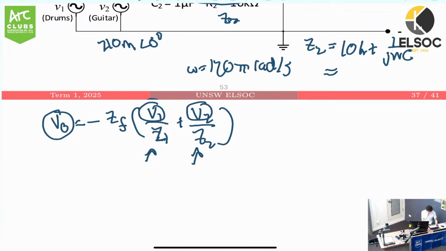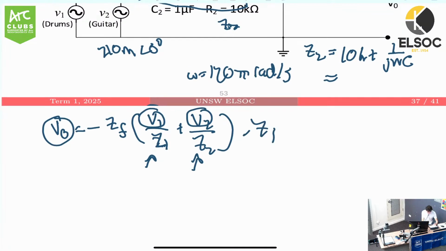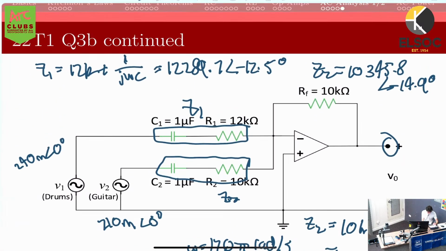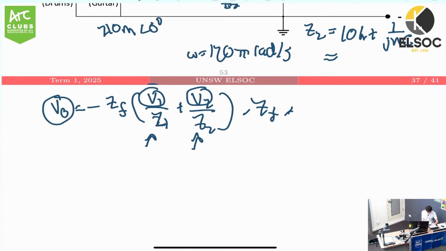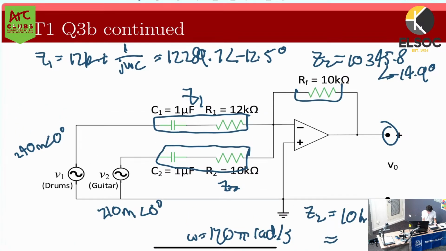Okay. And so now we've got this equation. We can just start subbing in. We know ZF is simply just 10k. So if I sub it into the formula, we'll do 1 minus, so we'll get negative ZF, which is 10 times 10 to the 3, and then we'll divide that by Z1.